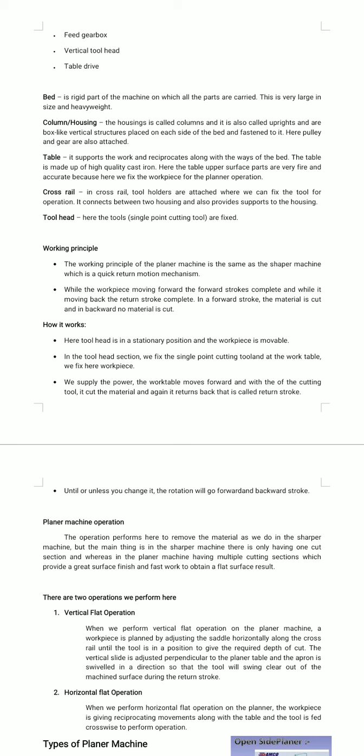Now we switch on the machine, that means power supply to the machine, and the work table moves forward, hence it cuts the material and it is called the cutting stroke. When the work table moves backward, there is no cutting of material, so this is called the return stroke. The process will be continued unless you change the power supply or others.